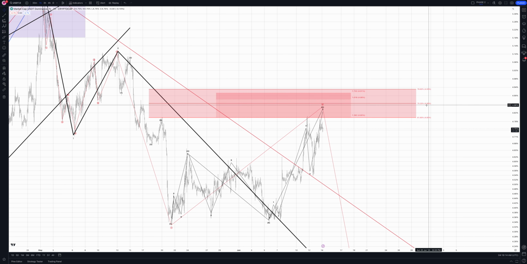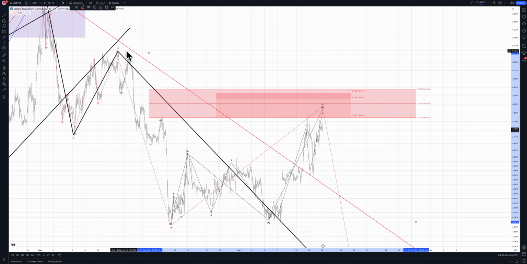I think it's going to reject here. Right now we're seeing resistance off the 61.8% fib, measured from this high over here down to this low. Wouldn't surprise me if USD dominance wakes up here to the 70.2% fib. Even the 78.6% could possibly wake up here, but my thinking is that it rejects here off the 70.2% fib.